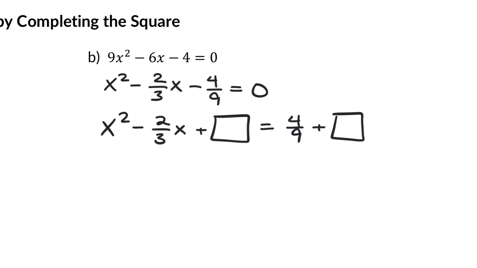So let's figure out what that number would be. We have b is negative 2/3. We're going to divide that by 2. And then we're going to have to square it. Now negative 2/3 divided by 2. What is that?